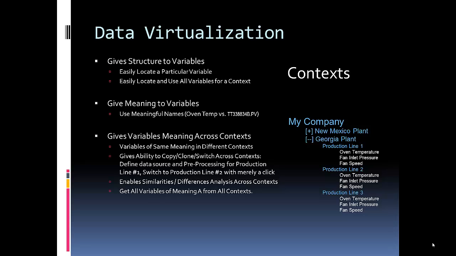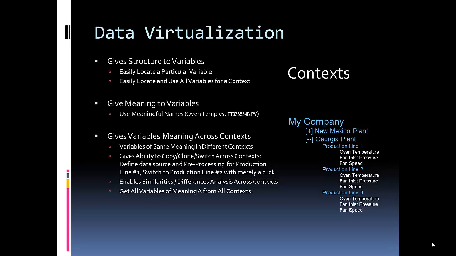Production line 2 may also have the same variables of the same meaning. Although physically they're different variables with different values, from a meaning standpoint, they are very, very similar to each other. So this puts the variables within a structure and a context.